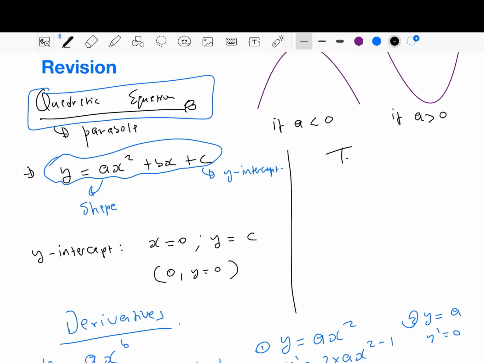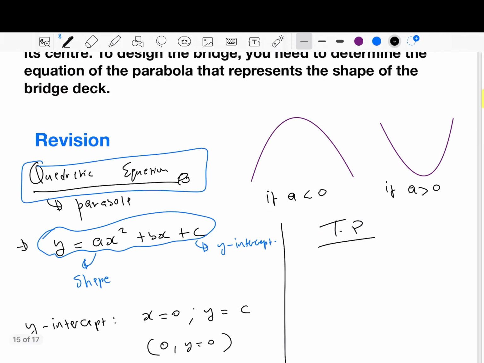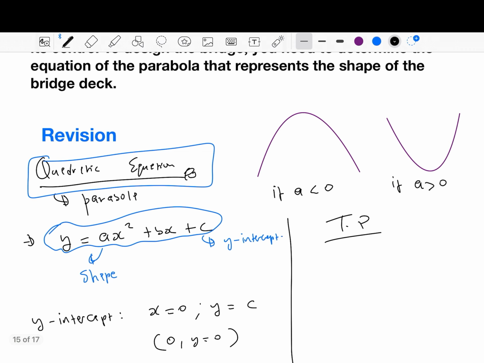Turning point, call it TP. A turning point is at these points here. So this point here is a turning point. A parabola, one of its main characteristics is that it has one turning point.